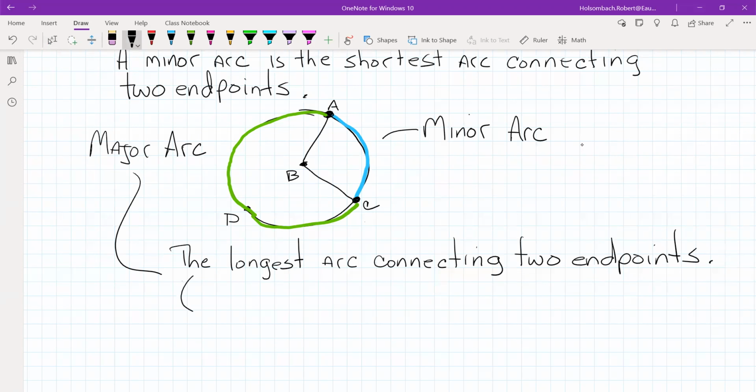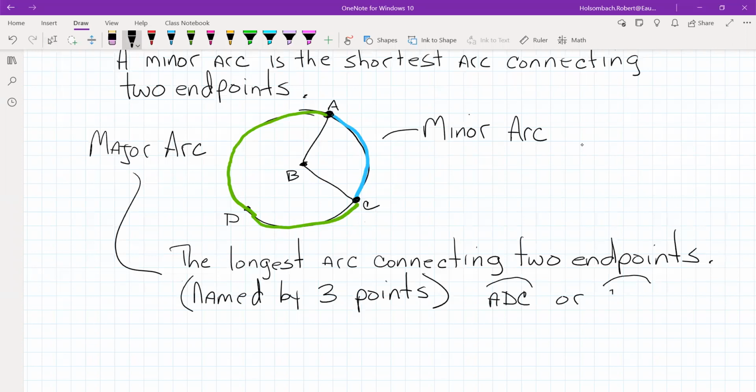We name major arcs by three points. So this major arc, we would call it arc ADC. You could also call it arc CDA.